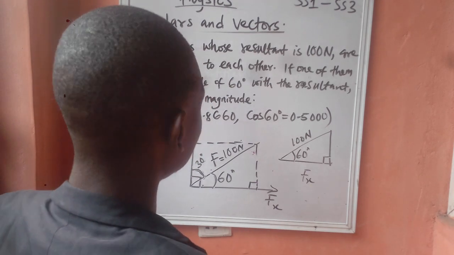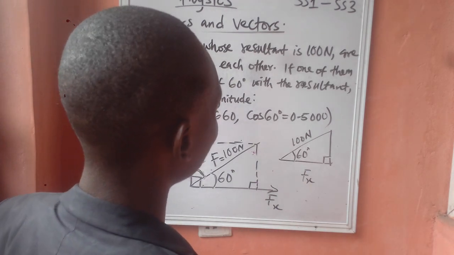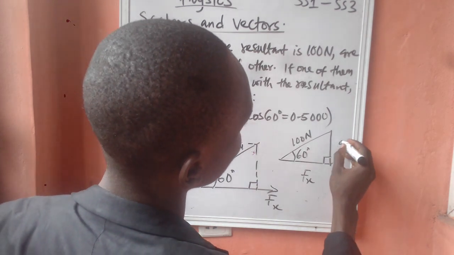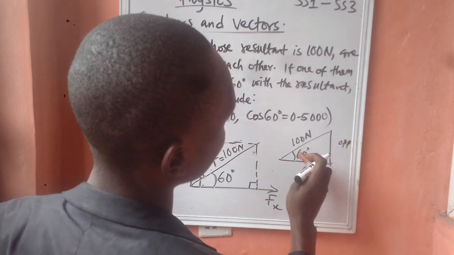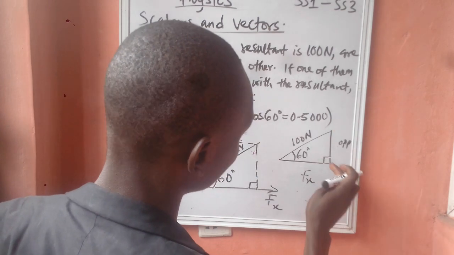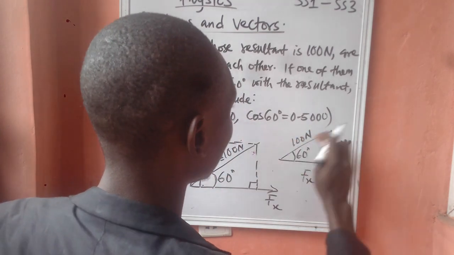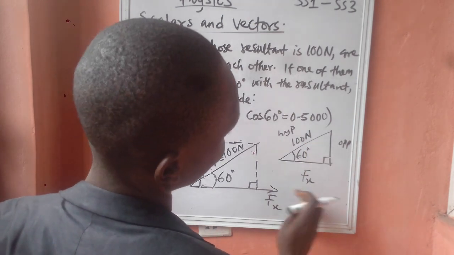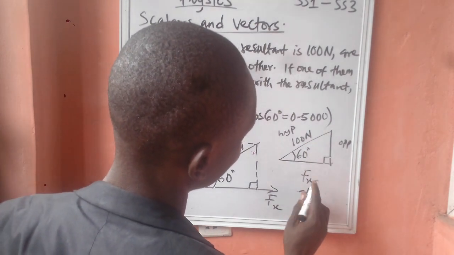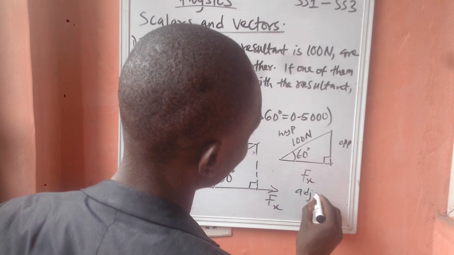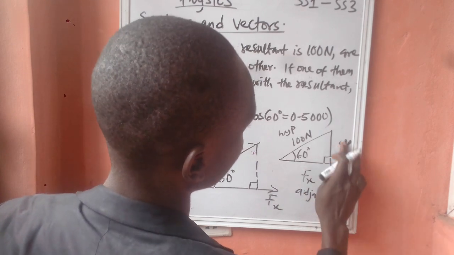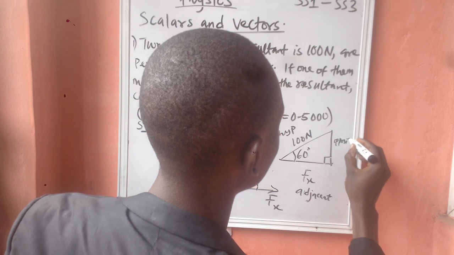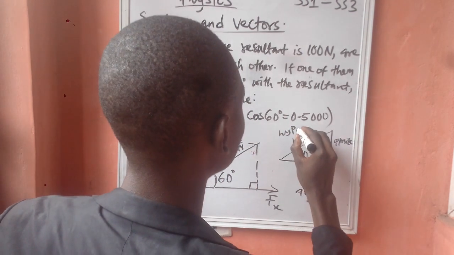This side, facing this angle, is the opposite side. The longest side is the hypotenuse. And this side becomes your adjacent side. This is the opposite, and this is your hypotenuse.